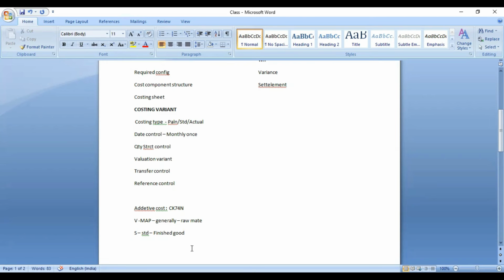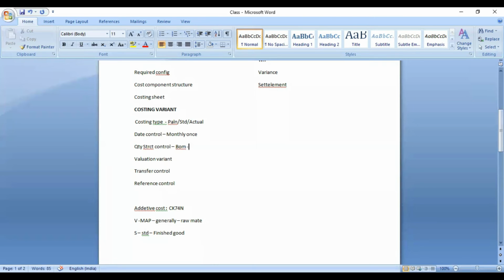Okay, because in this quantity structure control, I will tell you that answer. That means we create a BOM. In this BOM we create the required materials, as it's called, the structure under the BOM.